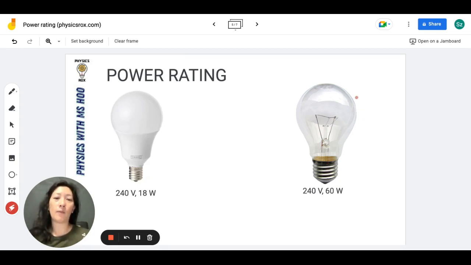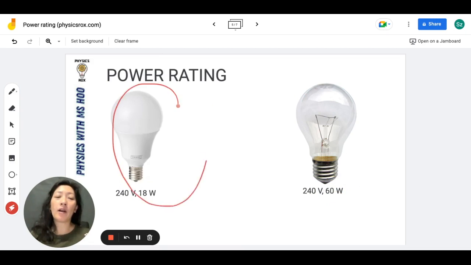Now, typically, when we compare these light bulbs, we would compare two light bulbs that have the same kind of brightness. You can argue that they're both normal brightness when they get the same voltage. Let's say these bulbs have the same level of brightness, but because this bulb has a much higher energy usage, that means this light bulb is actually using up much more energy compared to this bulb.